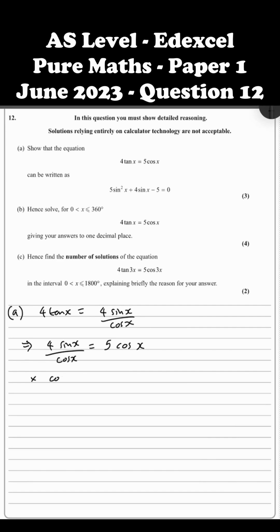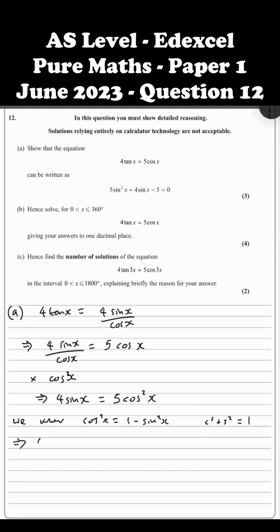Now we'll multiply everything through by cos x, and that will give us 4 sine x, as the cos x will cancel out, and 5 cos squared x. We know that cos squared x equals 1 minus sine squared x, as cos squared x plus sine squared x equals 1.